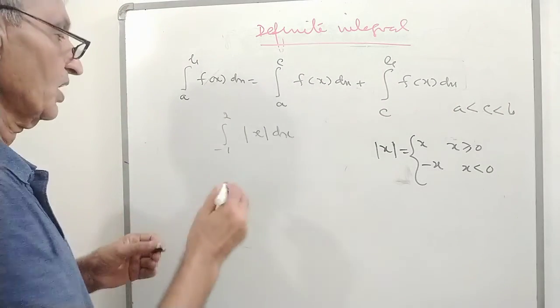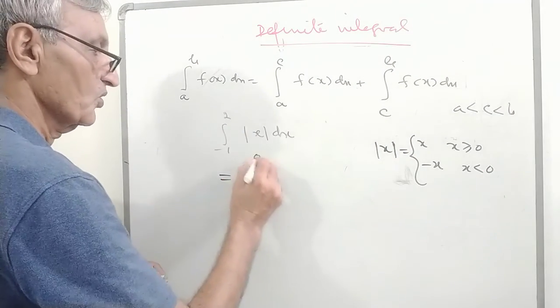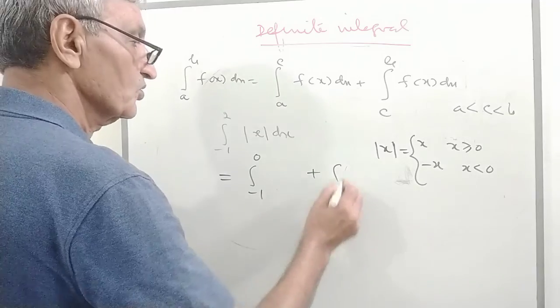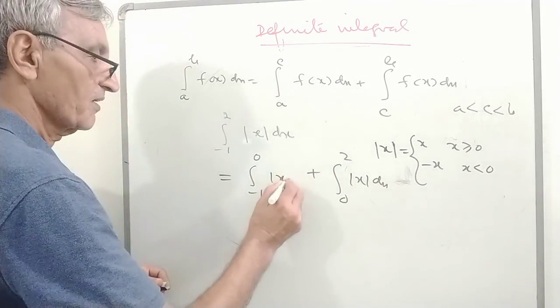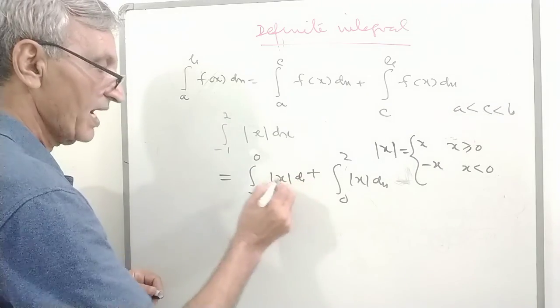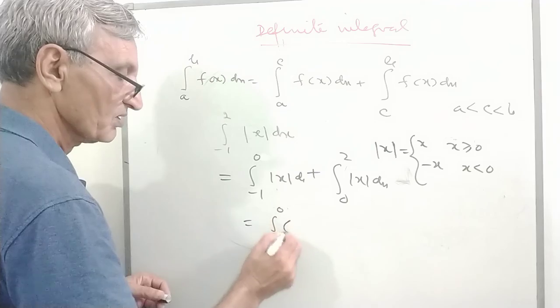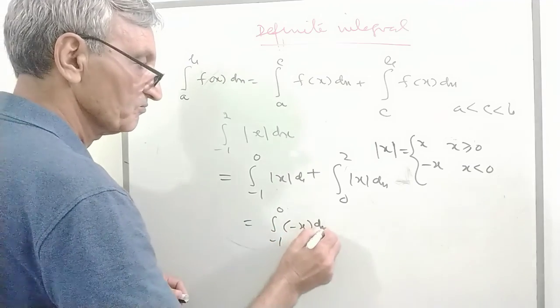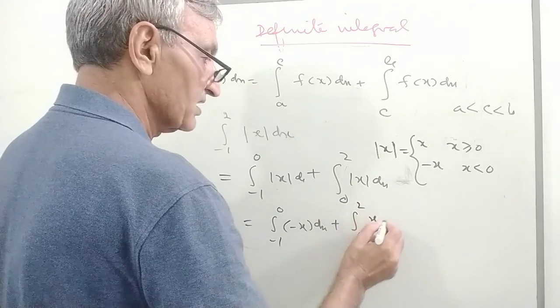So I will split it into minus 1 to 0 and 0 to 2 of modulus of x dx. From minus 1 to 0, x is negative, so it's the integral of minus x dx. From 0 to 2, x is positive, so it's the integral of x dx.